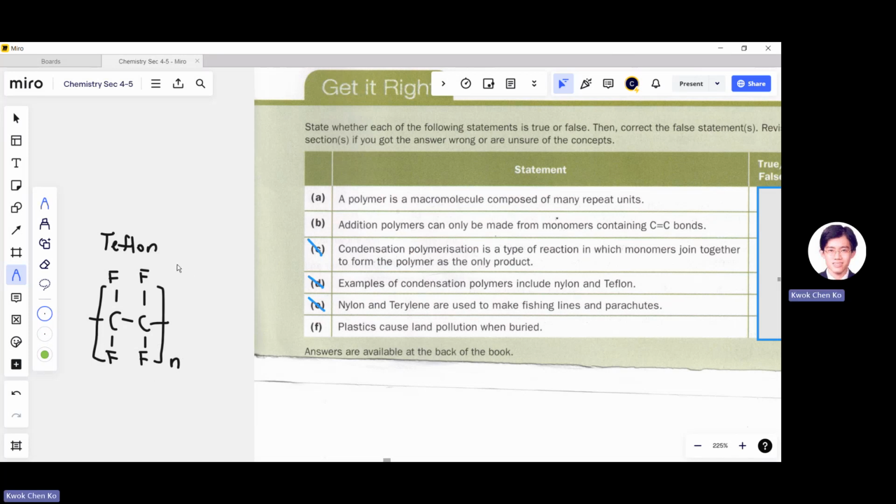Is this a condensation or addition polymer? But of course, Zayden, for you, there's no choice. It's definitely addition. Make sure you can tell an addition polymer. How to tell? Do you see ester? No. Do you see amide? No. What do you see? Just two carbons, right? So it must be an addition polymer.